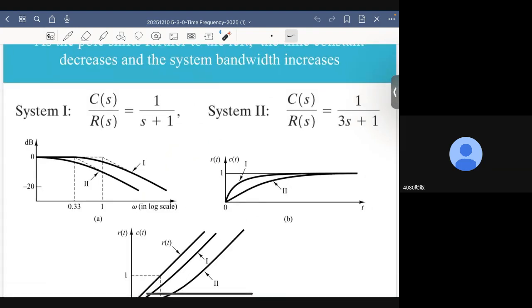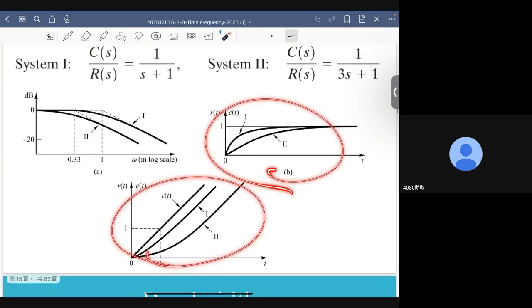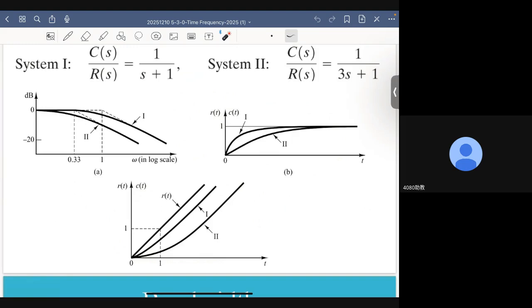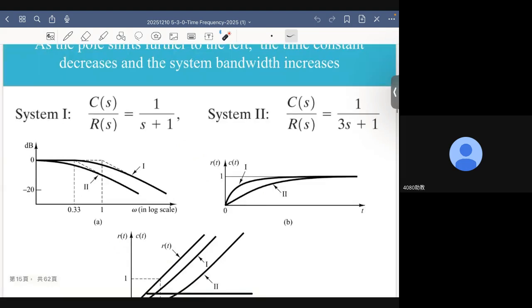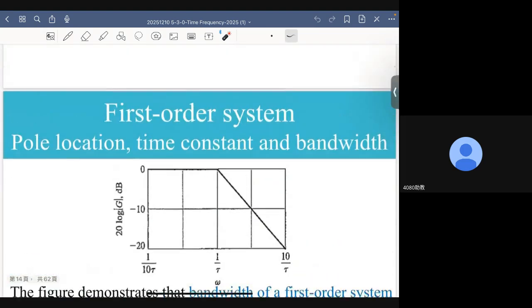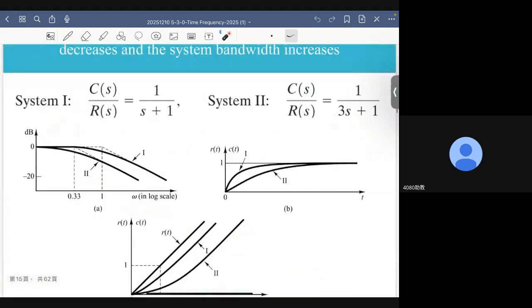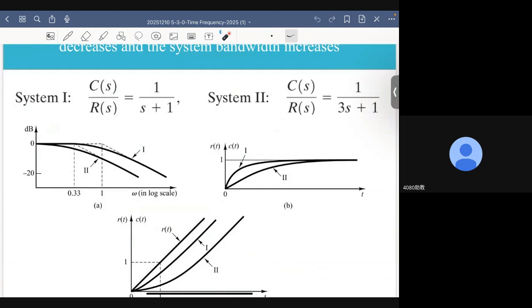Now, these two figures are results presented in the time domain. In the frequency domain, based on this figure, we expect system 1 to have larger bandwidth. Because its pole is located at s equal to -1, its break frequency is here.